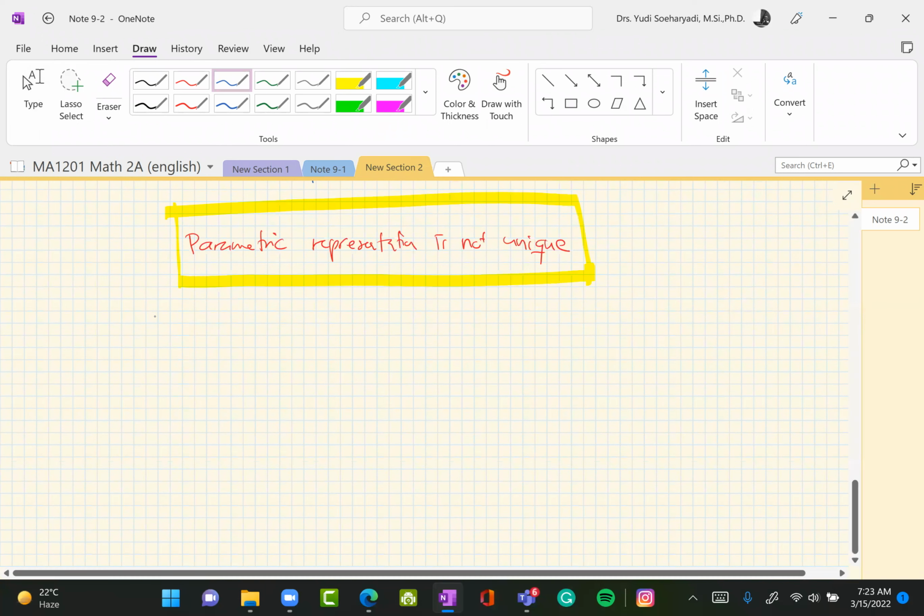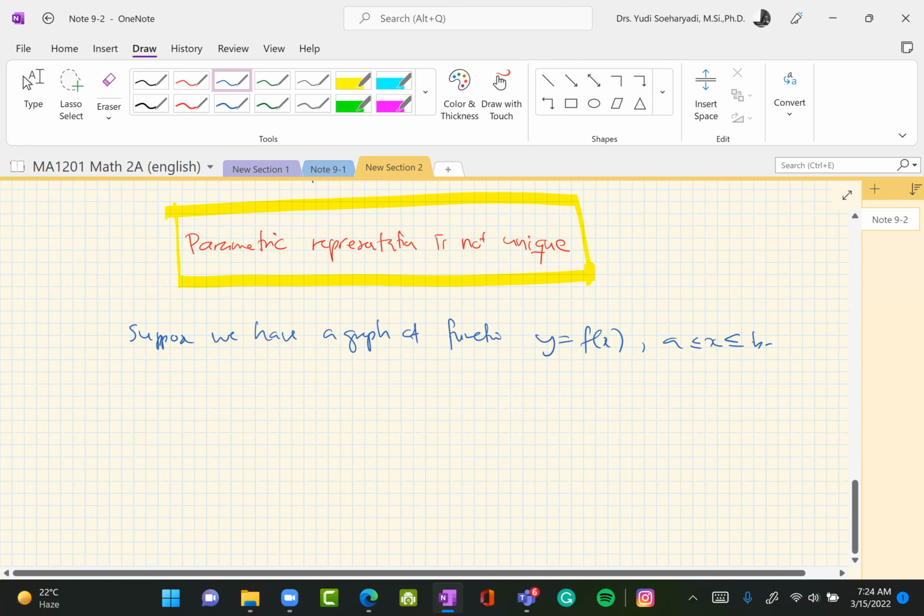And one more thing. Suppose we have a graph of functions. Y equals f of x. Okay, so x between say a and b.